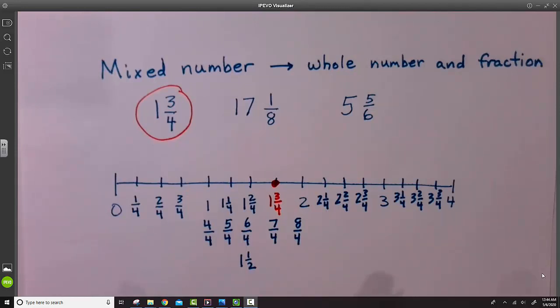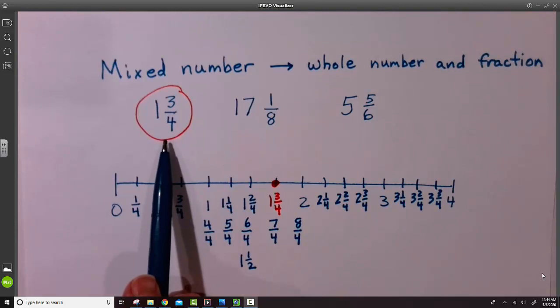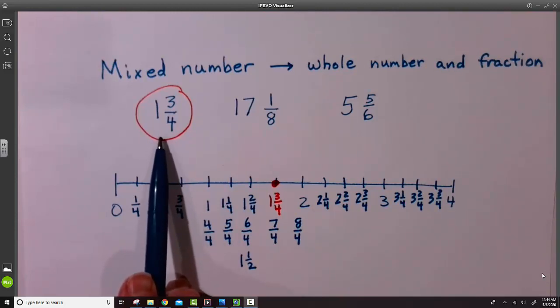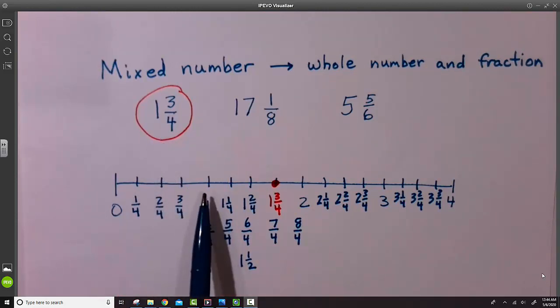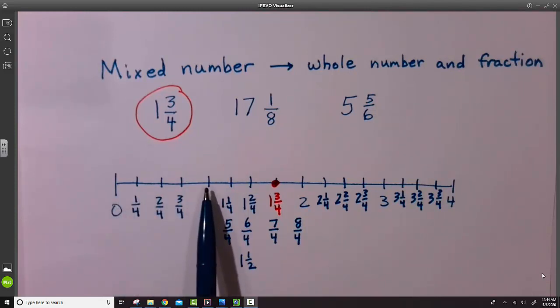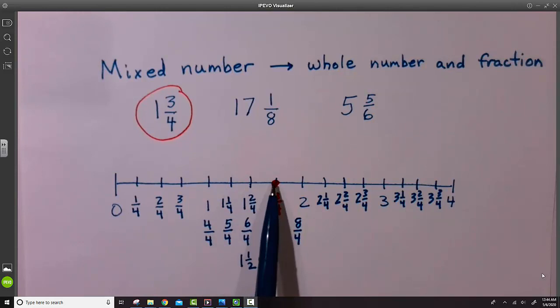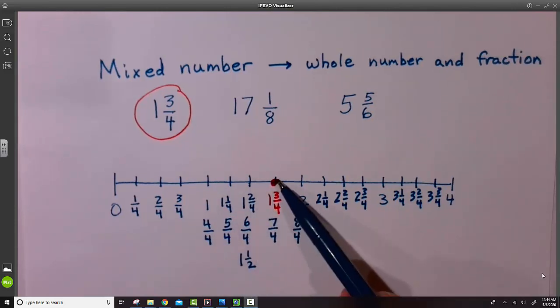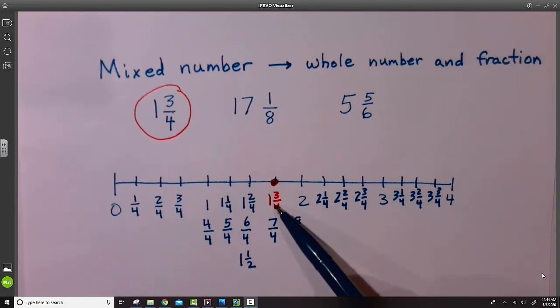In an ideal world, all of the spacing would be exactly even. But I think for this exercise, we understand our purpose. We were looking for the number 1 3/4, and we found that we needed to move past the 1 to 1 3/4. The point on the number line for this mixed number is 1 3/4.